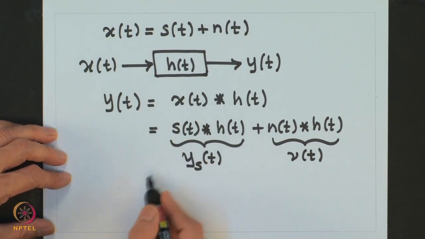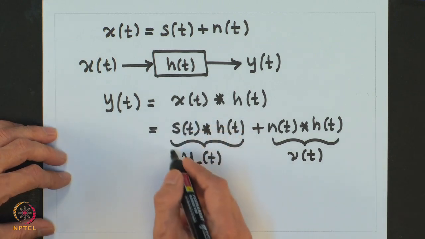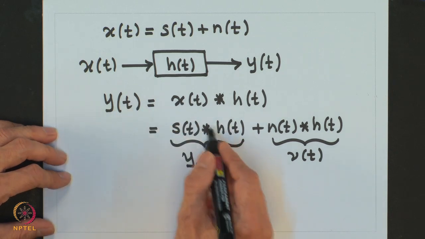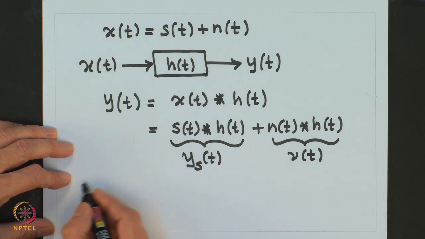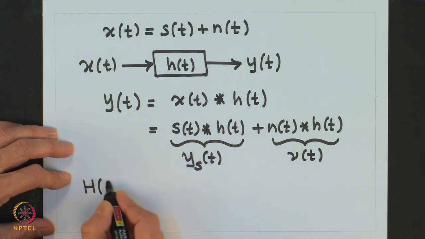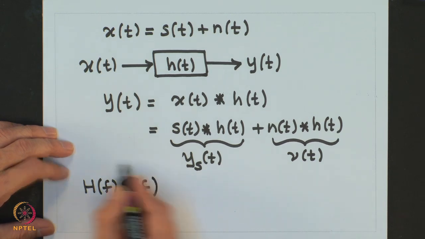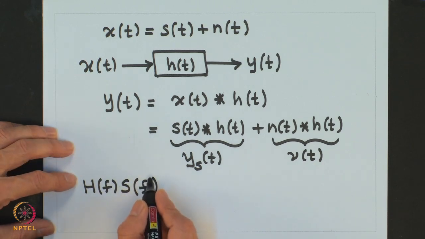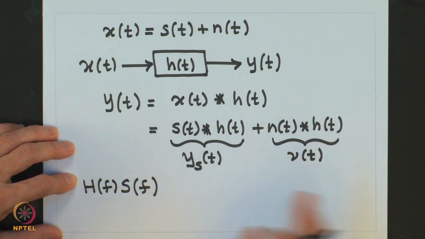So, now the Fourier transform of your output component corresponding to the signal is equal to HF multiplied by SF. So, this is the output due to the signal part, and noise is nu t.